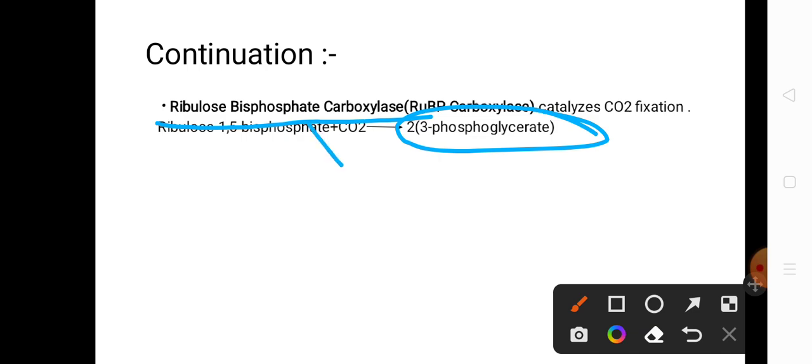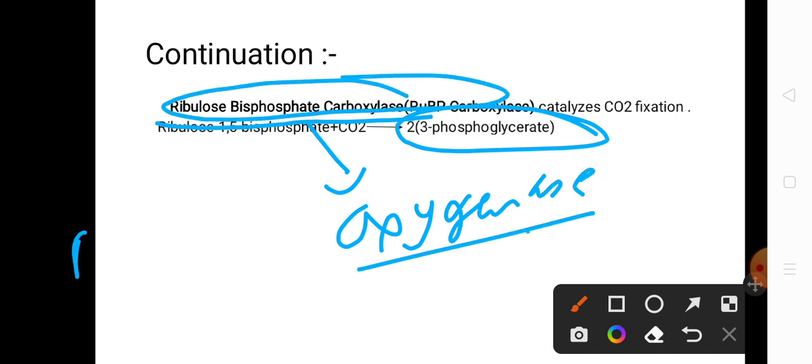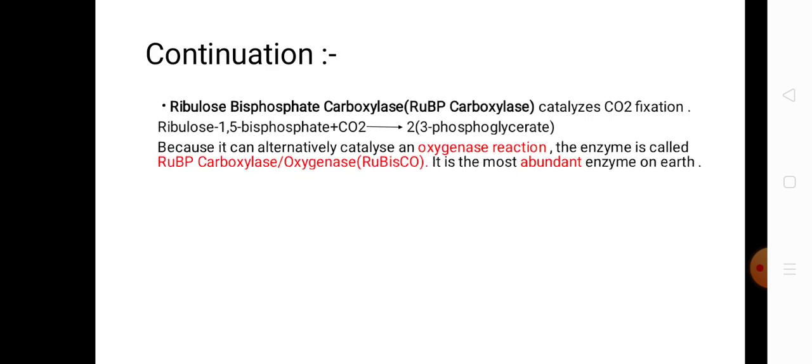Along with that, it also facilitates an oxygenase reaction, and that's why ribulose bisphosphate carboxylase is also known as ribulose bisphosphate carboxylase oxygenase, or RUBISCO, the most abundant enzyme on earth. Okay, it is very important for our MCQ purpose. Okay, so that is the idea.